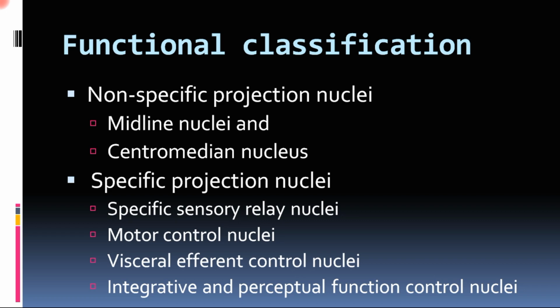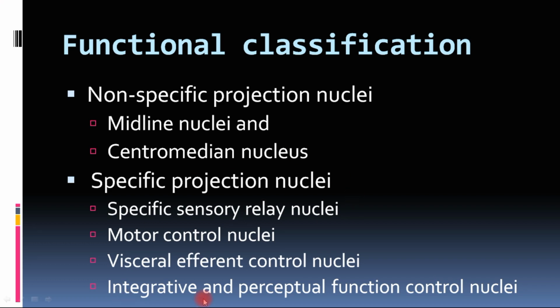Then comes the visceral efferent control, and these are the areas which control the visceral efferent or the visceral functions, and then the integrative and perceptual functions control nuclei. That means these receive signals from various aspects of the brain and integrate them, and perceptual functions are performed by these nuclei.